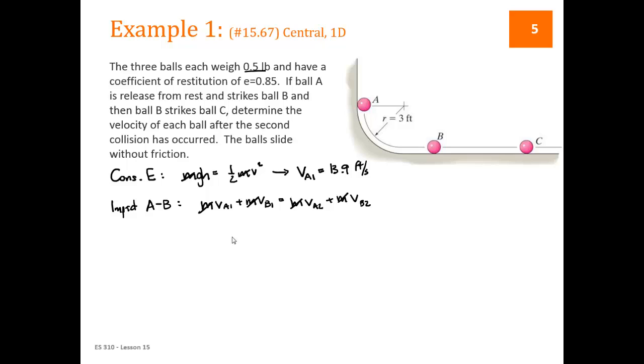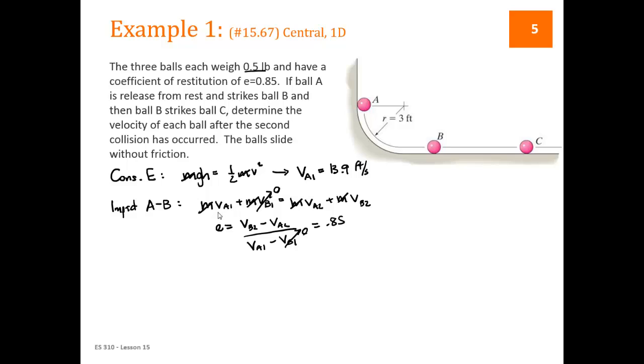We also have the coefficient of restitution, because balls A and B have a coefficient of restitution of 0.85. The coefficient of restitution is equal to the velocities after over the velocities before. So we'll do VB2 minus VA2, divided by, and they switch order, VA1 minus VB1. VB1 is 0, because ball B is not moving initially, and this is equal to 0.85.